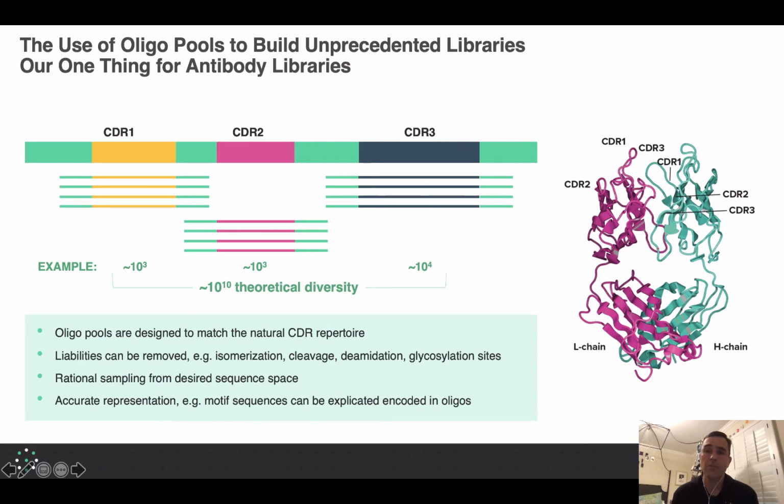I also can remove sequences in these CDR loops up front to remove any kind of liabilities from those sequences. So for example, isomerization, cleavage, deamidation, or glycosylation sites. And then finally, if I choose to, which is actually key to our difficult to drug target libraries we'll talk about later, we also can insert specific motifs into those CDR loops as well.